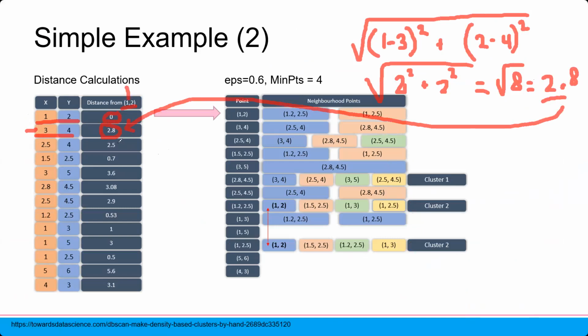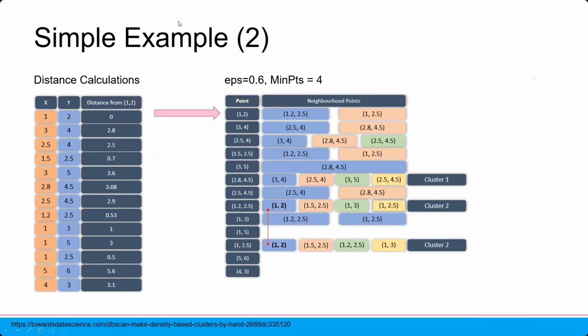And so on. We can get the distance from 2.5,4 with 1,2, from 1.5,2.5 with 1,2, and so on. Now, based on the requirement, what is the EPS? It is 0.6. This is 0 because it is its own point, so we do not consider this one.